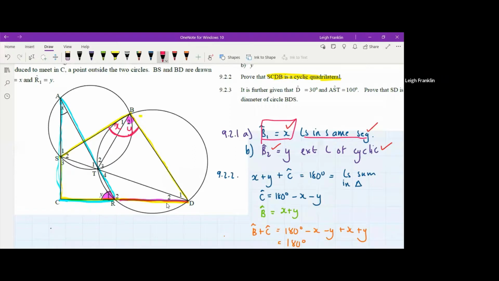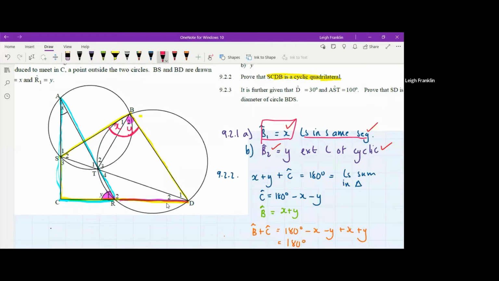That's a hint that you're onto something. Now if this is equal to X and that's equal to Y, go back and look at X and Y. Hang on a second, X and Y lie inside the same triangle. We're onto something, there is something important here.